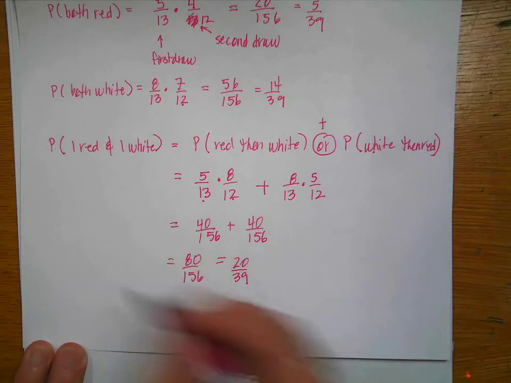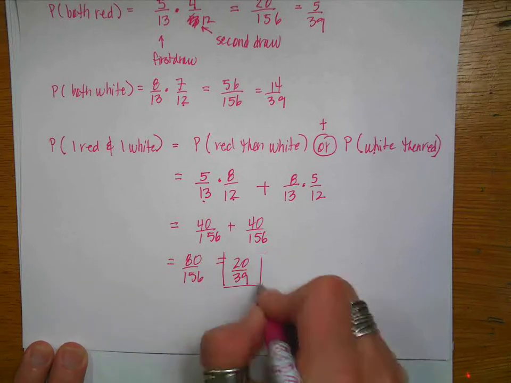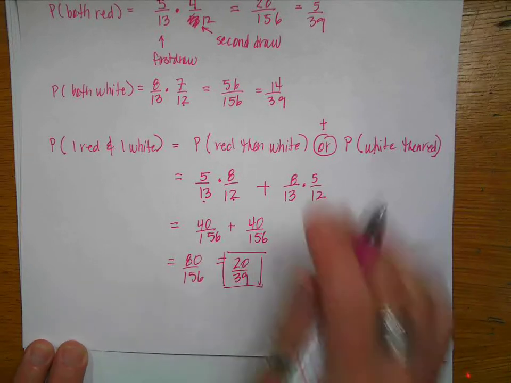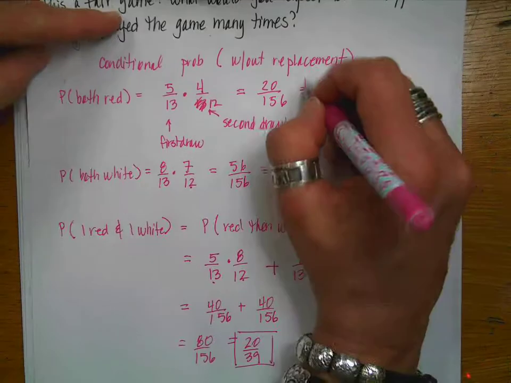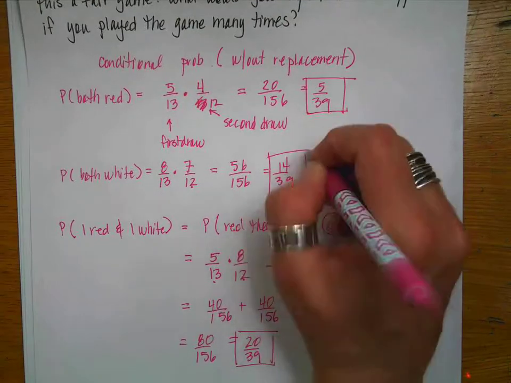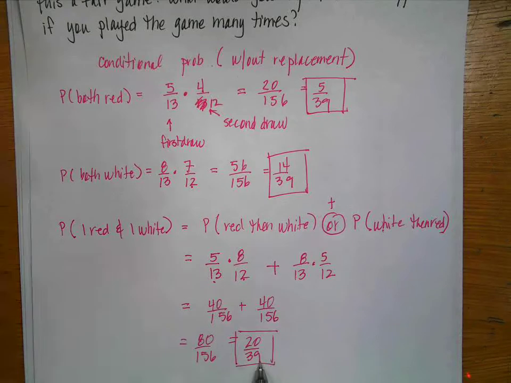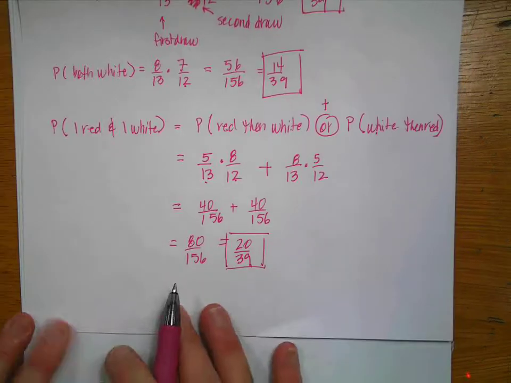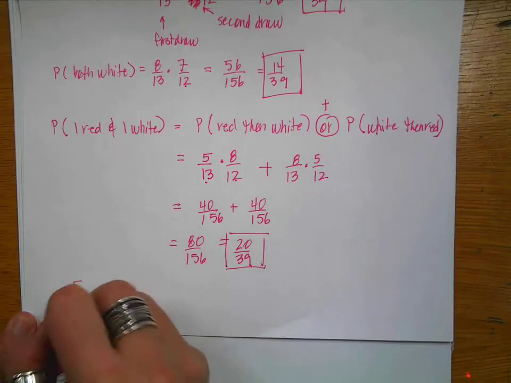Okay, so if I want to determine my probabilities, then I have to add all of my probabilities together. So I have to add this probability, my 14 out of 39, and then my conditional probability.